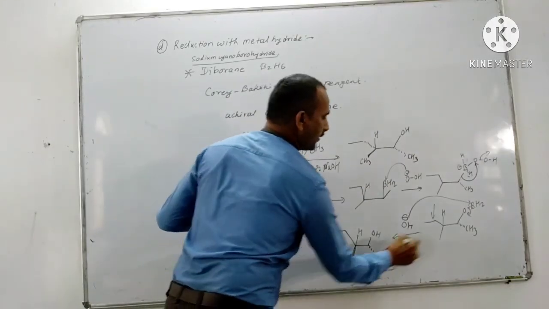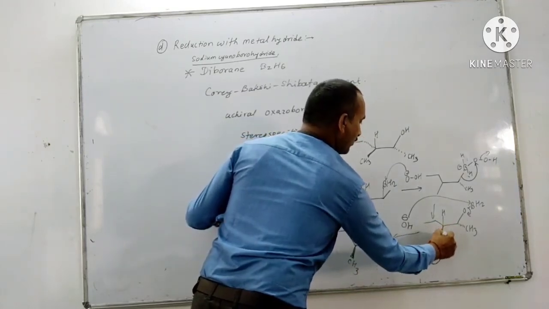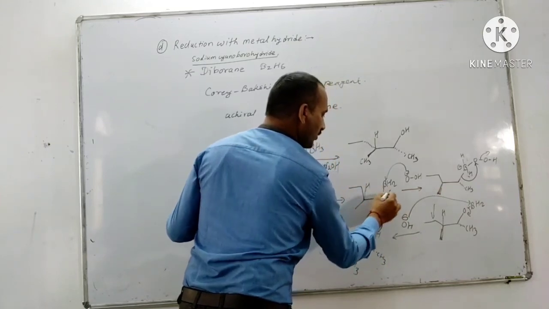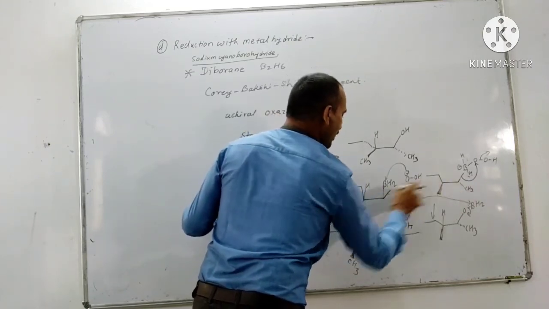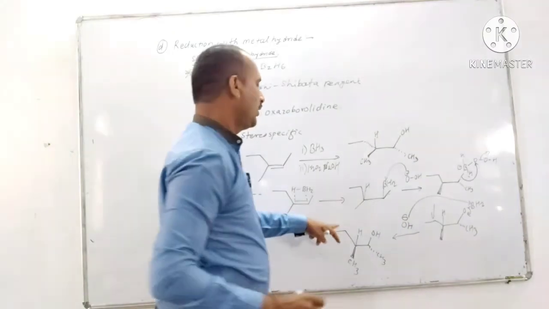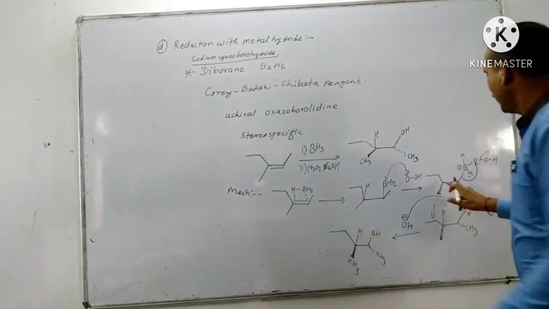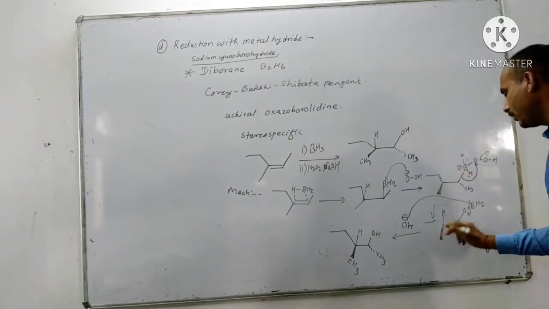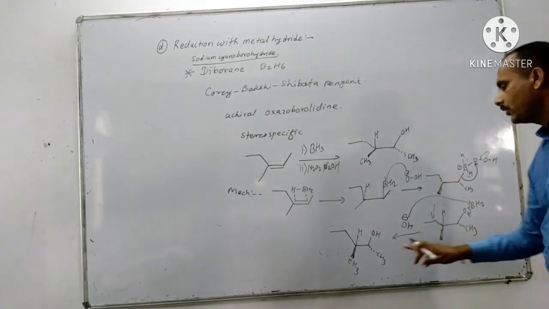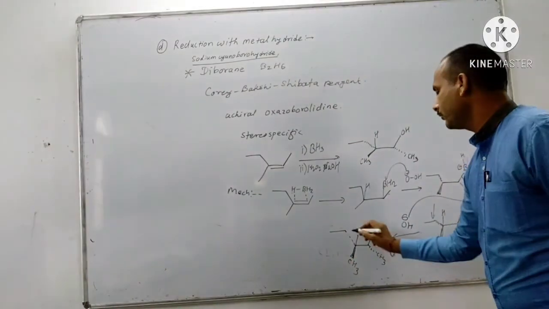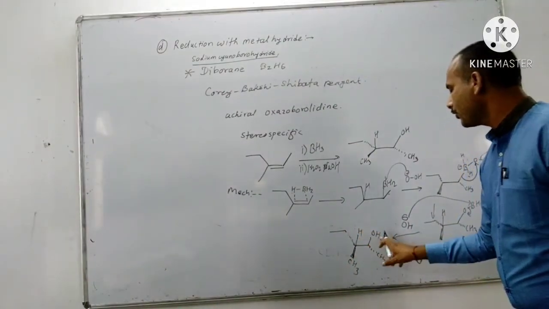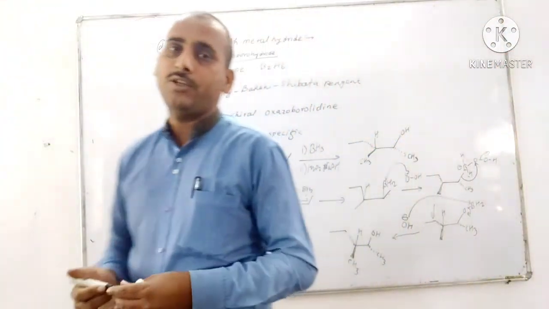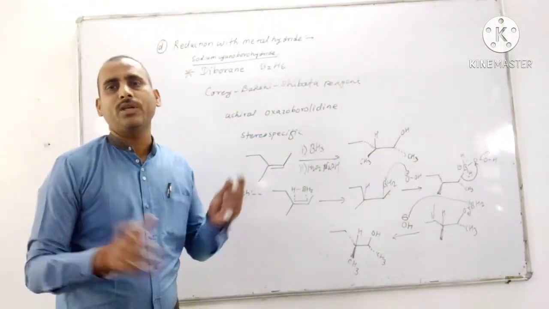These are trans. So this is trans. So we write here this as below and this as upside. As it is present upside, this is present on the below side. So OH and H remain on the same side. The reaction is stereospecific. Okay, we will stop here.